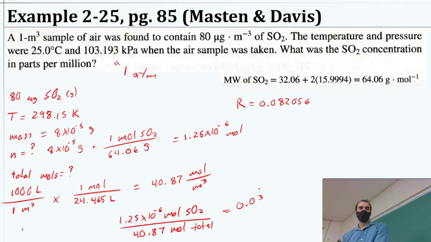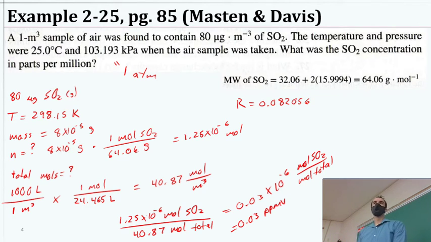I'll elaborate on that. Hang on. So let's say this was 0.03 times 10 to the minus 6 moles SO2 per moles total. And because we're talking about parts per million, that million was already factored in, and so we say that's 0.03 parts per million, and it's fair to say that's by volume because we're dealing with ideal gases.